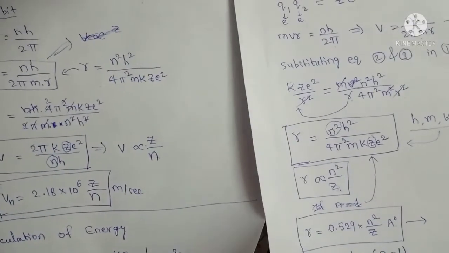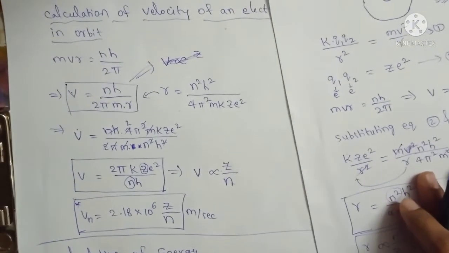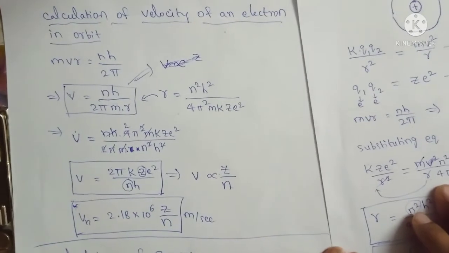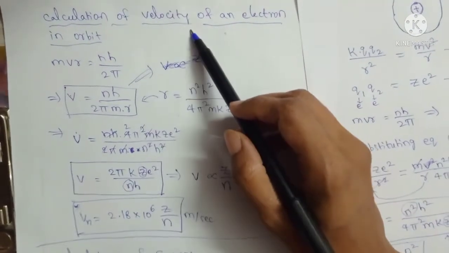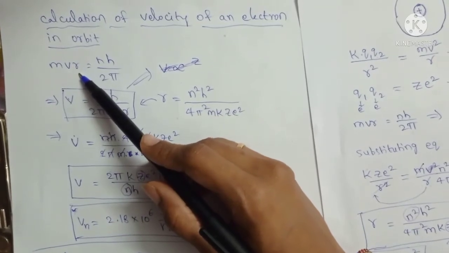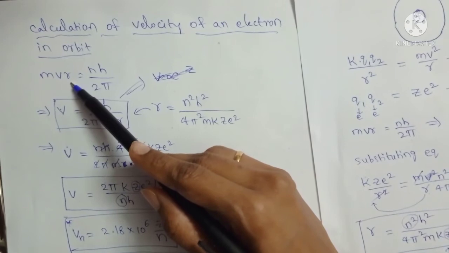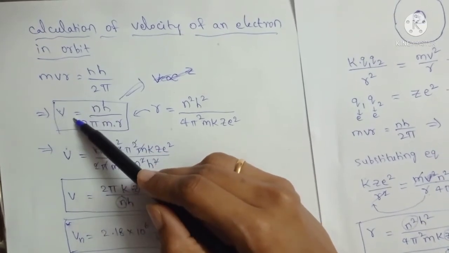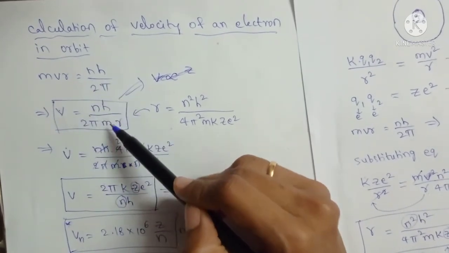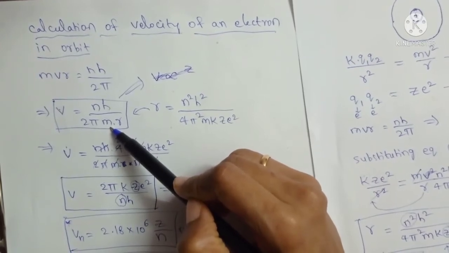And next, velocity calculation. The velocity of the electron is derived from this equation, mvr equal to nh by 2 pi. From this equation, we can derive v equal to nh by 2 pi mr, and we know the radius, right?